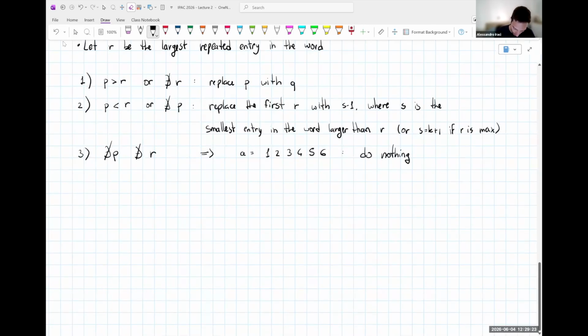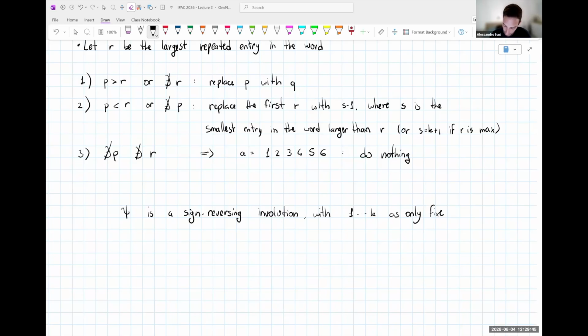So this map here, which I think they call psi, is a sign-reversing involution with 1 to k as the only fixed point. And we have a slightly stronger statement, which is that it also preserves tied inversions.